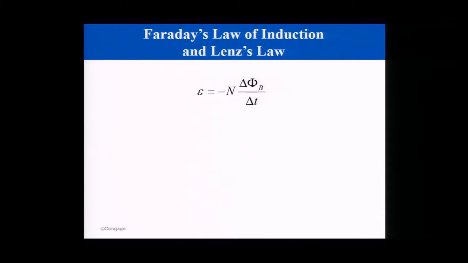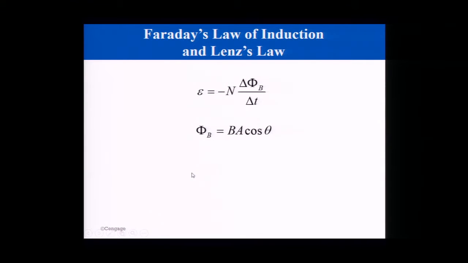But when I had that capacitor in the system, I had a little bit of time lag associated with it. Well, when I have an inductor in the system, I'm going to see a time lag as well. And so when we do an AC circuit, we're going to have to really take into account this changing time associated with the changing magnetic field. So that's our electromotive force.